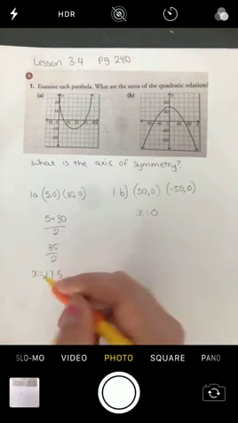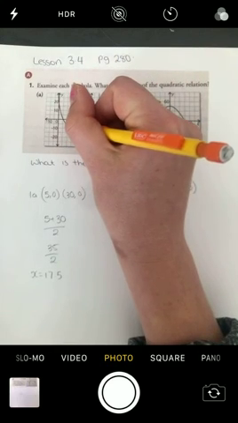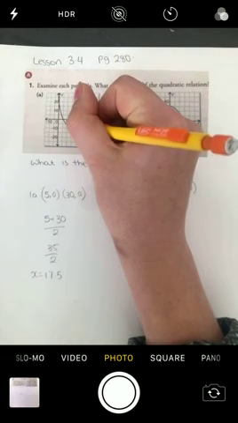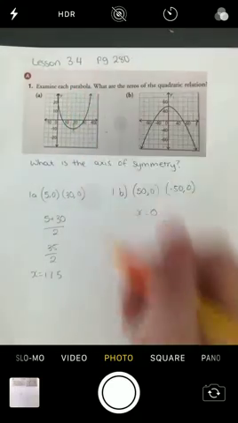We'd write that as our equation, x equals 17.5. And if we have a look here, that would be about right, because you would think the axis of symmetry would be somewhere around here.